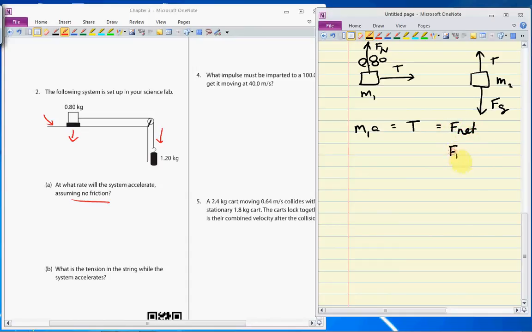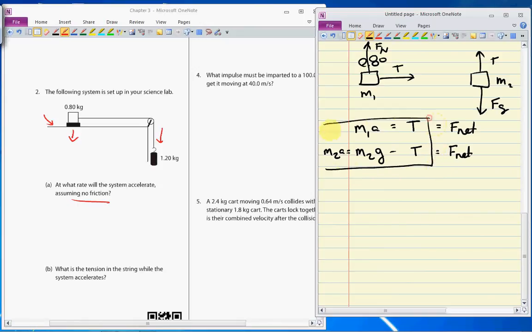For this next one, F net for mass 2, it is equal to Fg, or M2G, minus T. Makes sense? And I should have said this one was equal to M2A. So M1A is T, and M2A is M2G minus T.